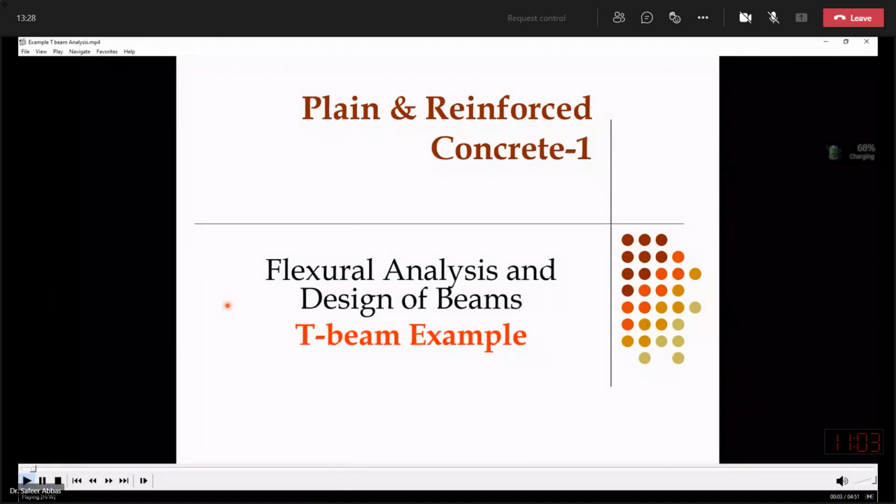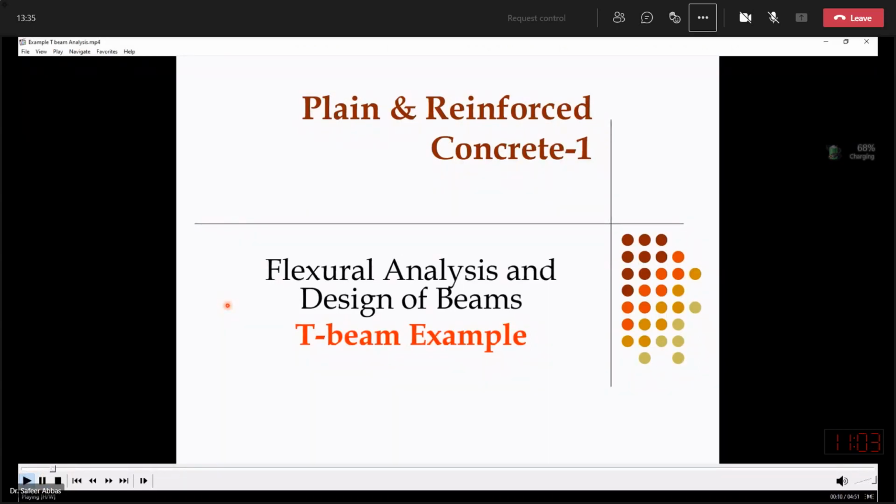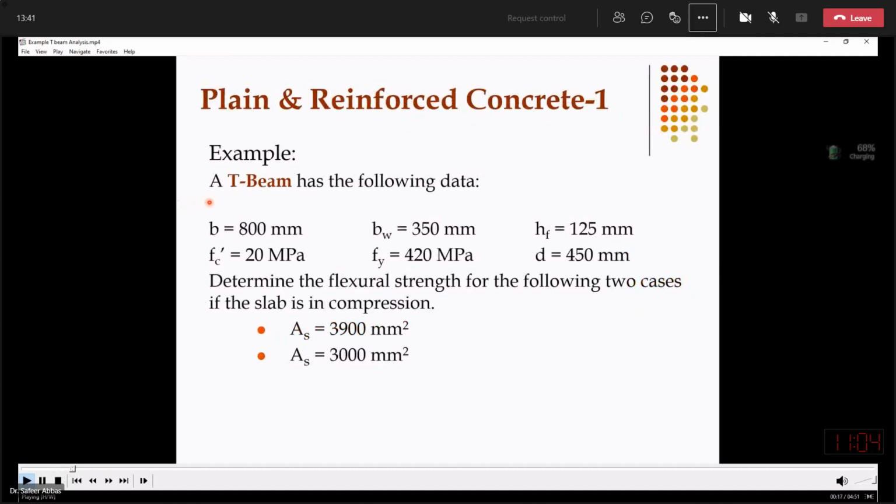We will solve the example and try to find the moment capacity, or flexural capacity, of a T-beam. The statement of the problem is: a T-beam has the following data.